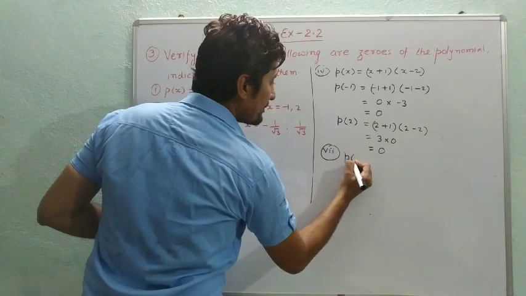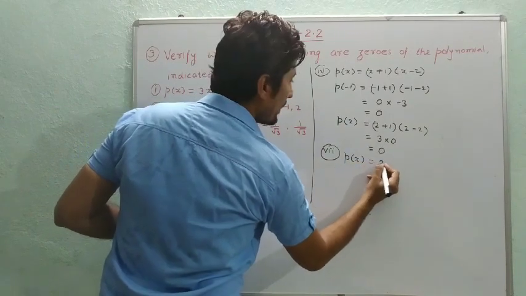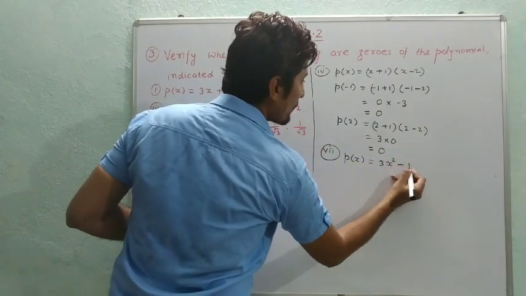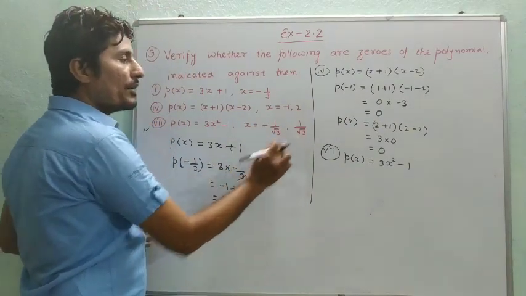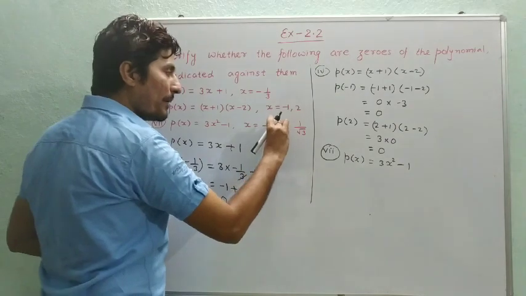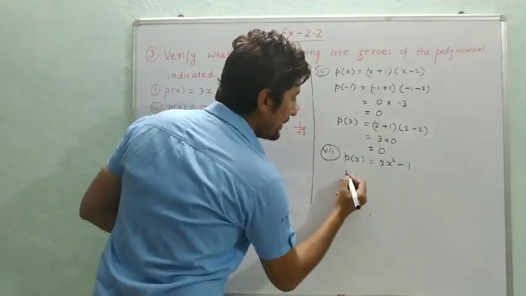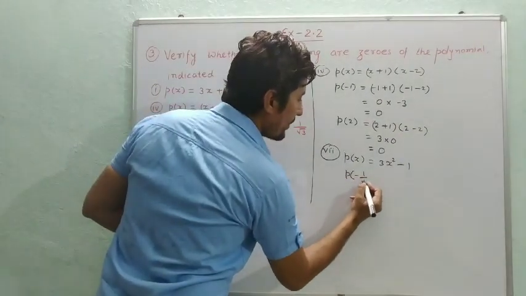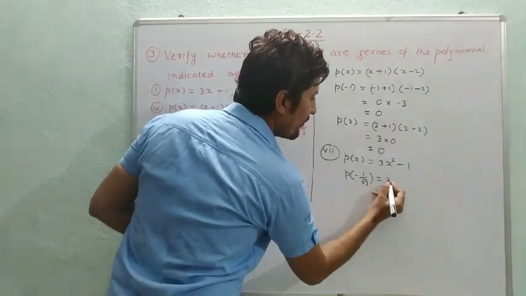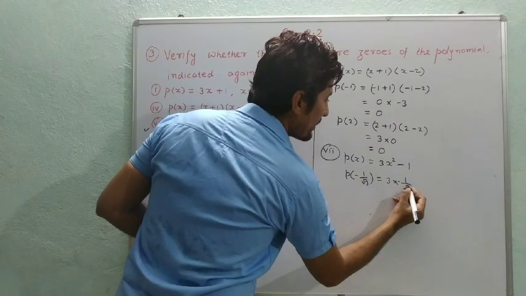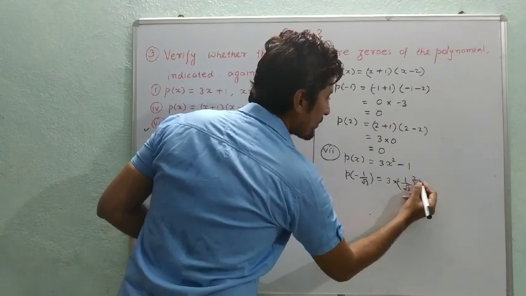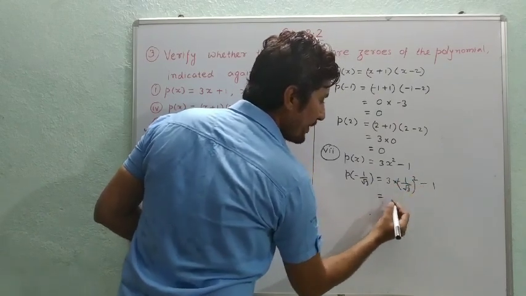P(x) equals 3x square minus 1. Again here we are having two zeros, minus 1 upon root 3 and 1 upon root 3. So first of all we will place minus 1 upon root 3. P(minus 1 upon root 3) equals 3 will be as it is, multiplied by minus 1 upon root 3 whole square, minus 1 will be as it is.